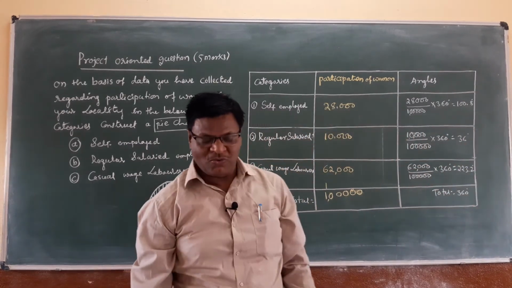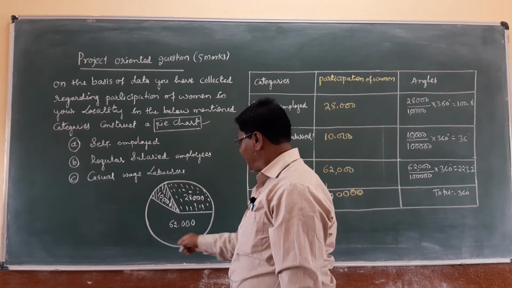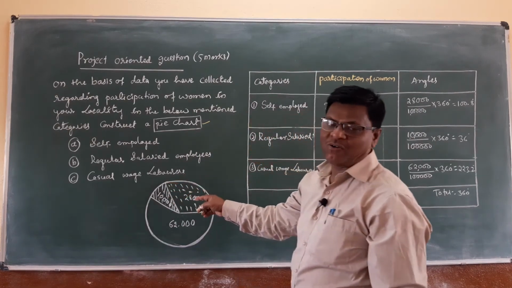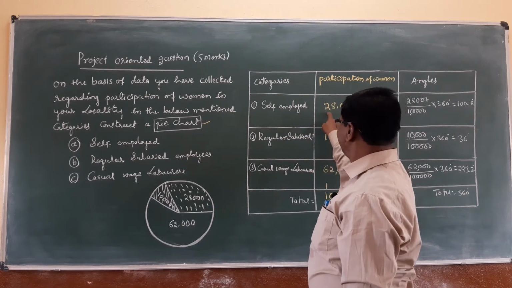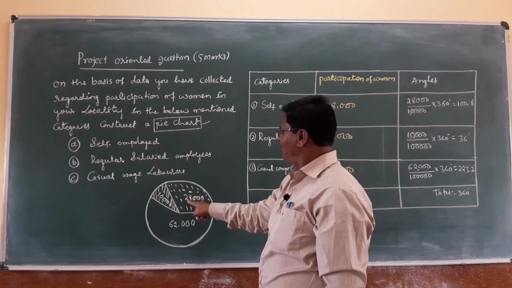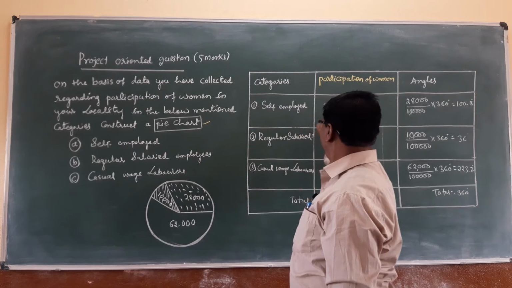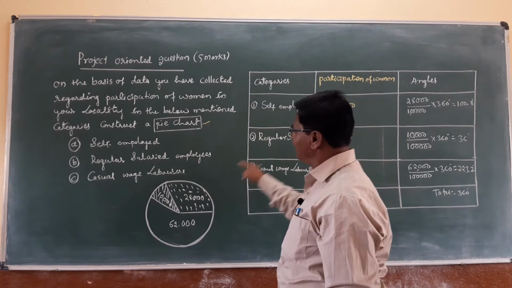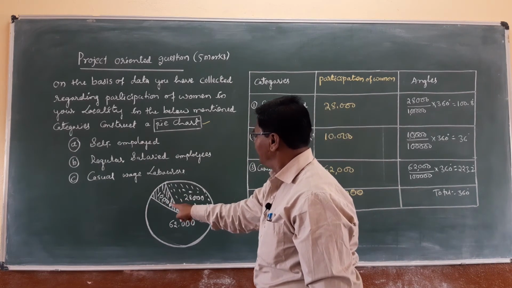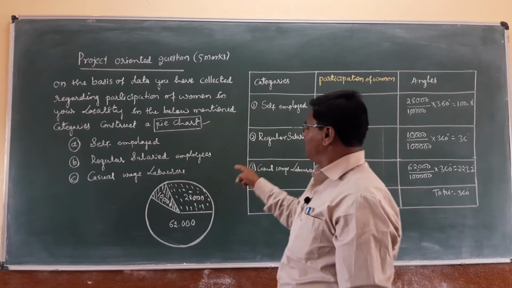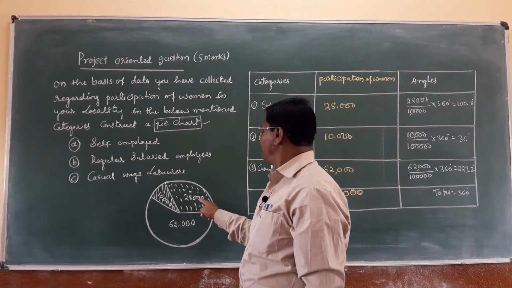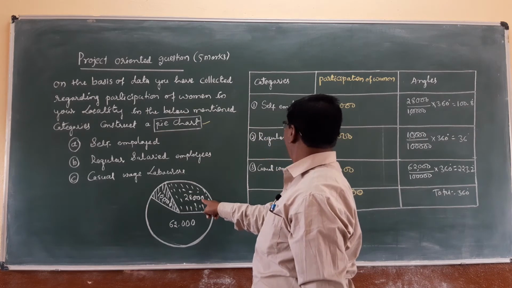And you have to draw a circle like this. Whatever data you have collected, put it in. The self-employed is 28,000 and regular salaried 10,000. The regular salaried employees are fewer than the 28,000 self-employed.